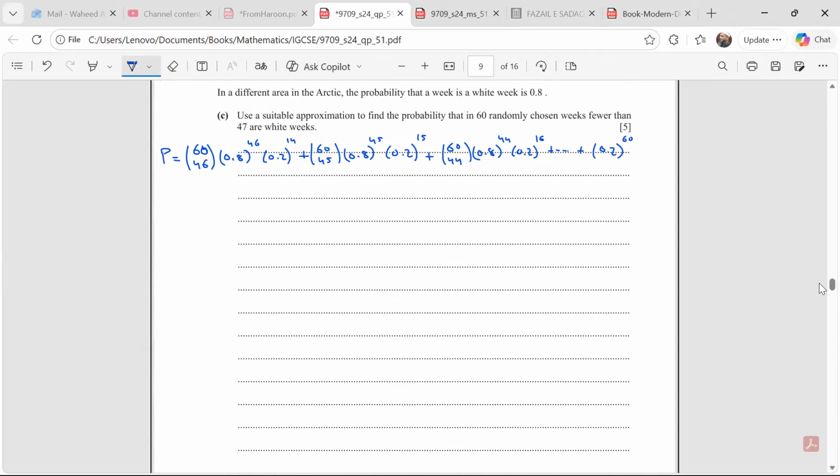Okay, of course, it's not fun to calculate this one. This is a huge calculation, right? Okay, but luckily, when n is large, when number of trials are large, the binomial distribution approximates the Gaussian distribution. Remember, all this we are talking about is binomial distribution, right?